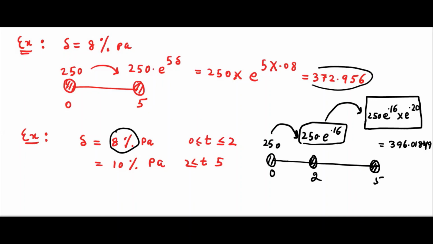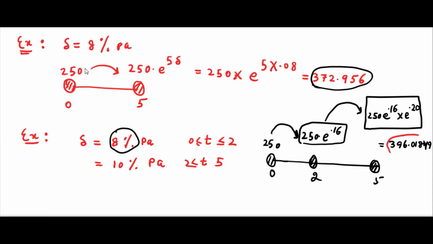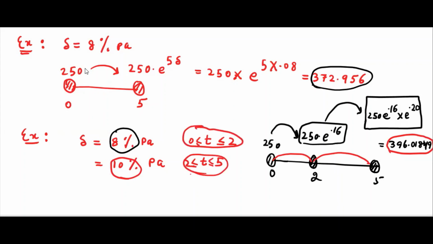Here 372. However, here 396, because delta is different here. Delta is 8% for the first 2 years and 10% per annum for 3 years. However, here 8% for all the 5 years. That made the difference. We'll do more in the next class.